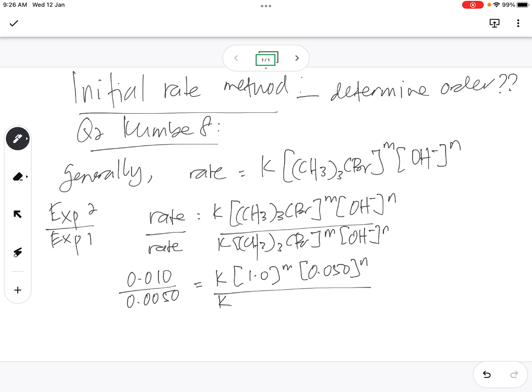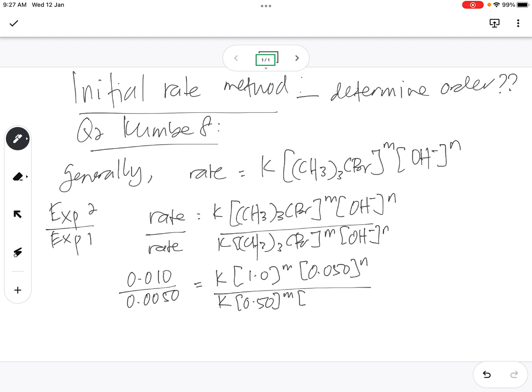Sorry, I read it wrongly, wait. Experiment 1 is 0.10, and this is experiment 2, 0.10 correct; the 1.0 is also correct, and 0.50 is correct.